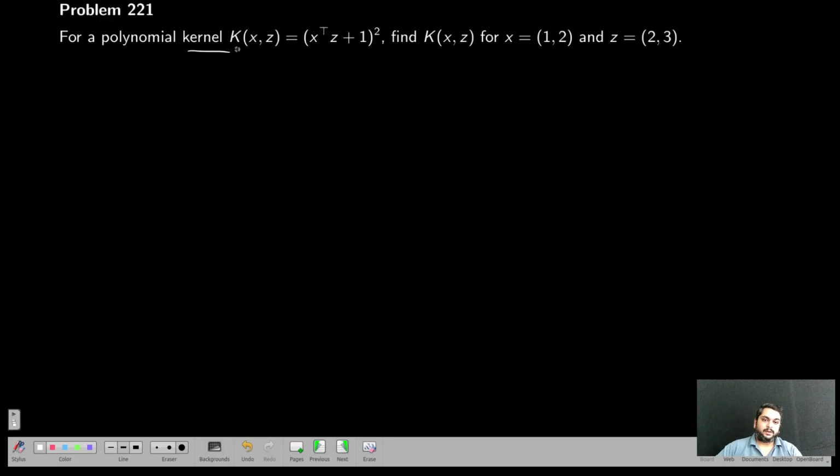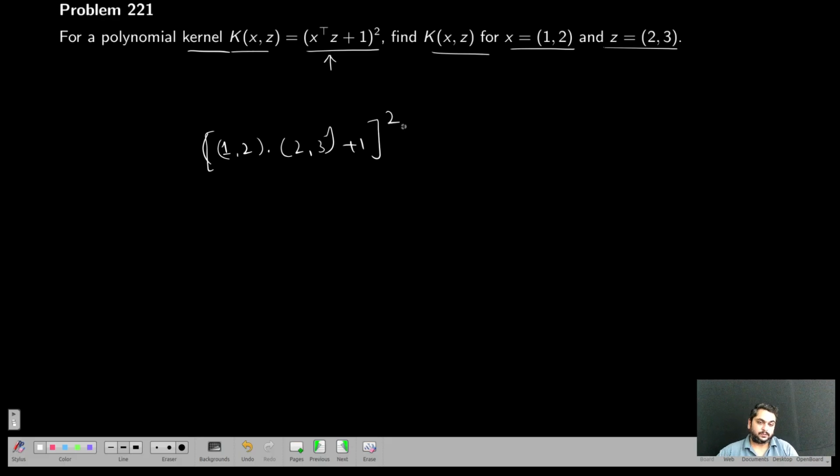For a polynomial kernel, k of x comma z is given like this: x dot z plus 1 whole square. Find k of x, z for x equal to 1 comma 2 and z equal to 2 comma 3. So this is nothing but 1 comma 2 dot 2 comma 3 plus 1 whole square.